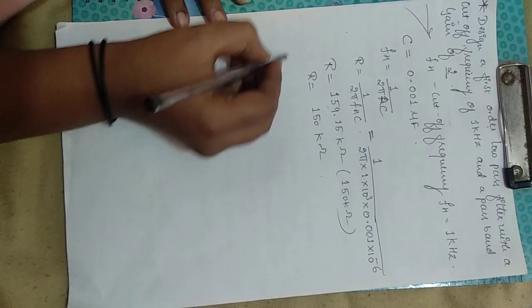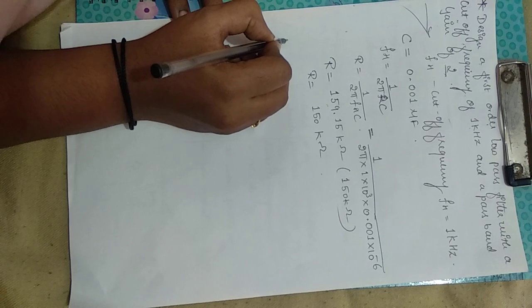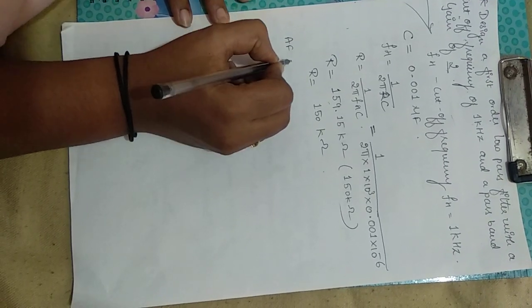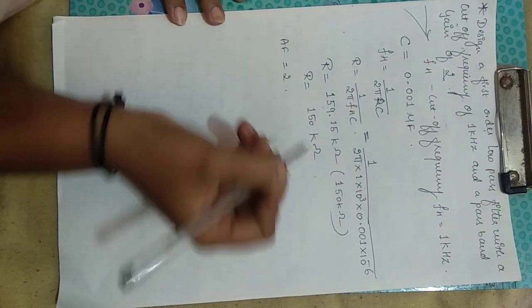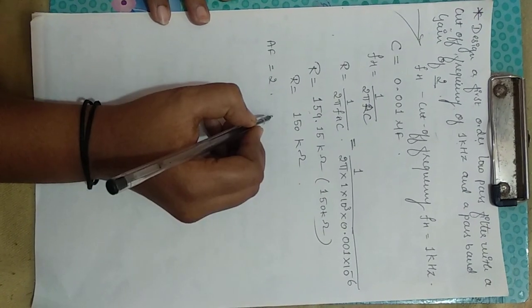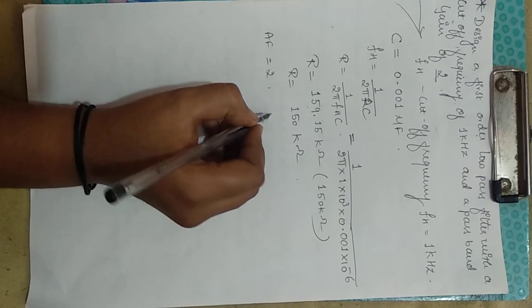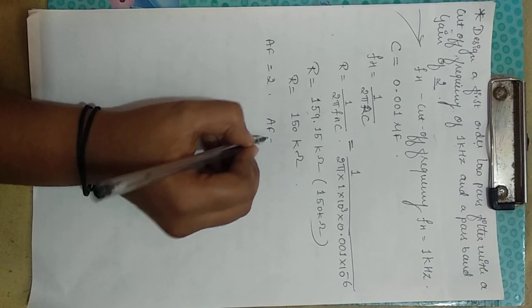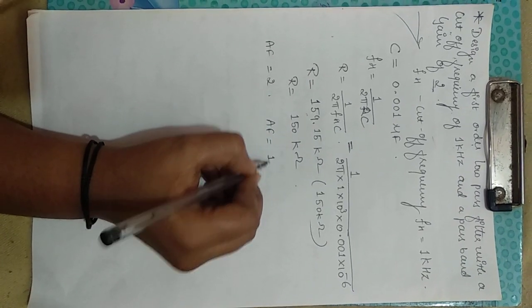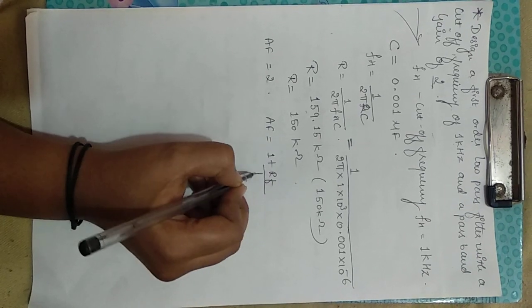Next, lastly, we know the AF, that is 2. If we know the AF, we can calculate RF by R1. AF is equal to 1 plus RF by R1.